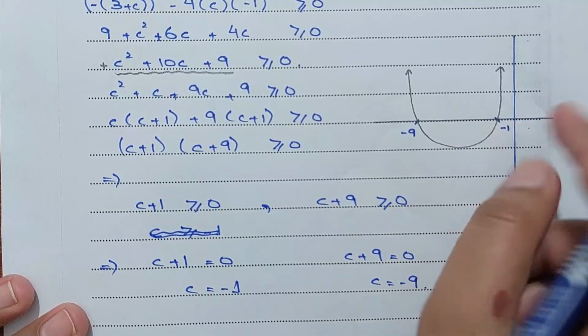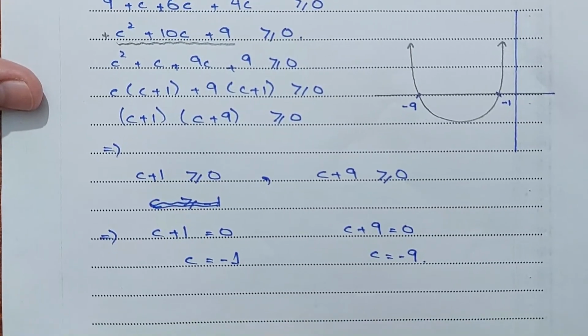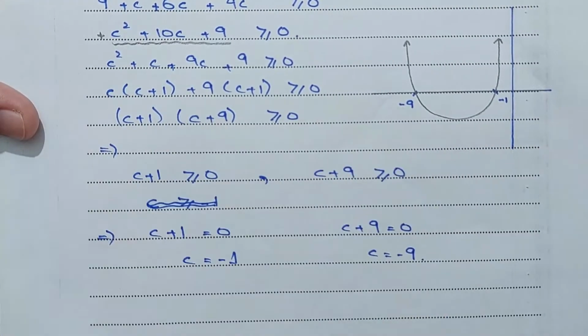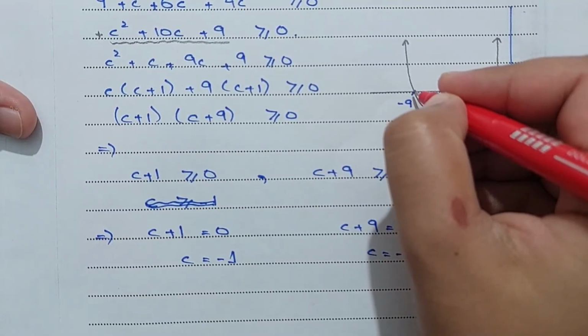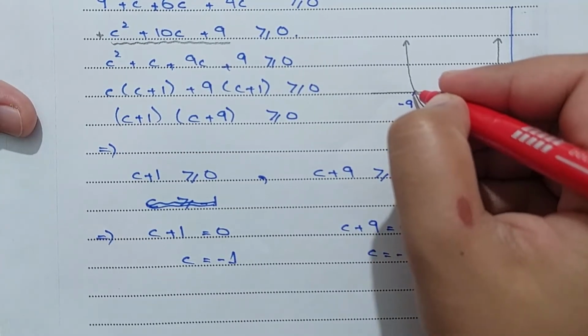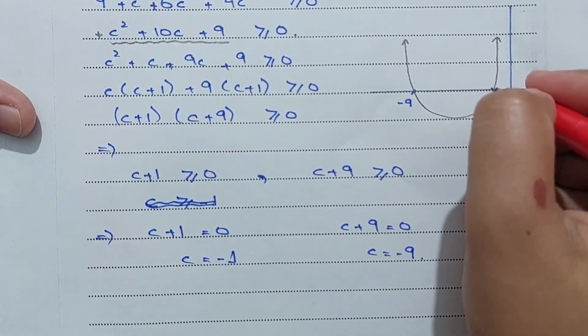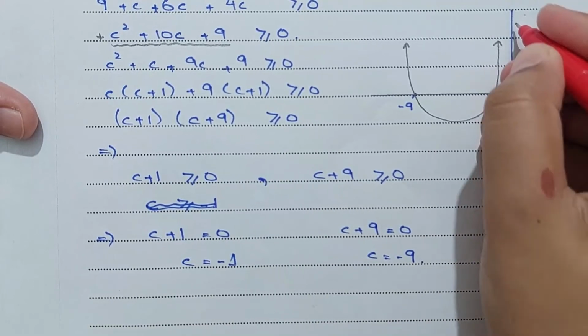Greater means the upper portion, right? So we can write down the inequality. From here, for this upper portion, c is less than or equal to minus 9, and c is greater than or equal to minus 1.